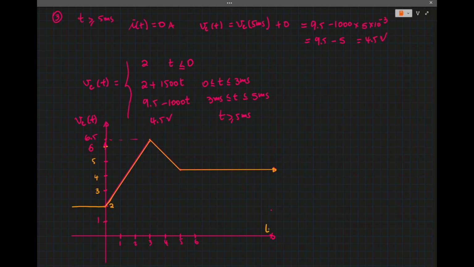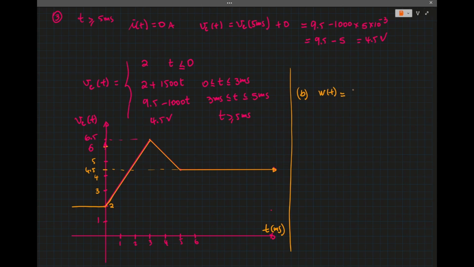So the time is in millisecond, and this value is 4.5. Now we are asked to find the second question, question B. We're asked to find the energy.